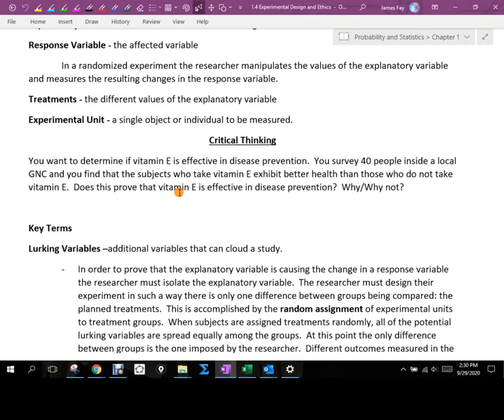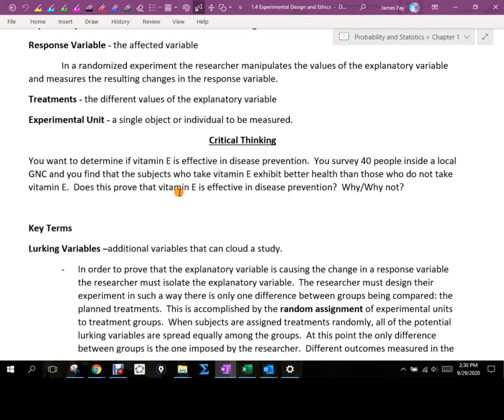So if I go in and I interview these people or survey them about if they're going to buy vitamin E or the effectiveness of vitamin E for their health, is there anything there that might be confounding or create an issue in narrowing down that vitamin E was the reason for their good health? Yeah, a lot of those people are already on diets, right? Or already exercising every day.